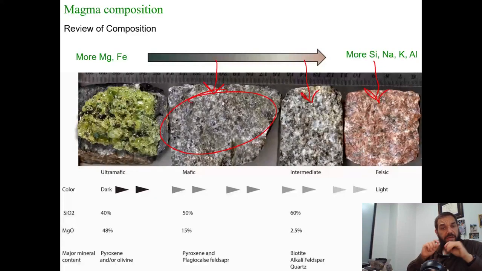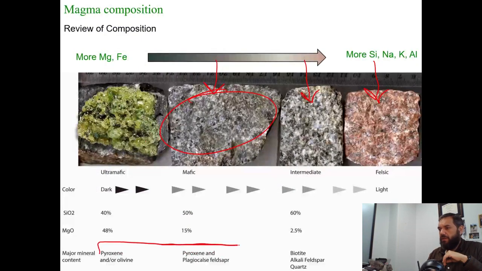Felsic rocks are going to be mostly quartz and potassium feldspar with some moderate amount of plagioclase feldspar. And finally, ultramafic rocks are going to be just olivine and pyroxene. You can see that it's all summarized down here for major mineral content.